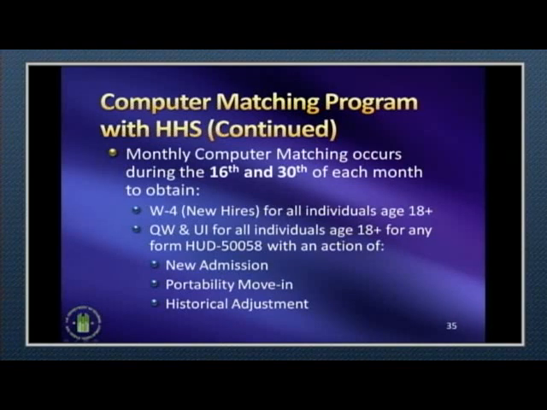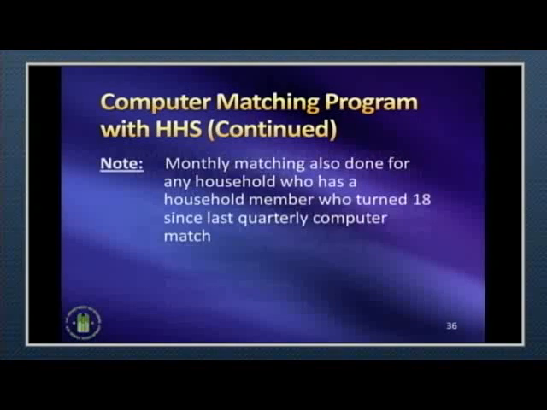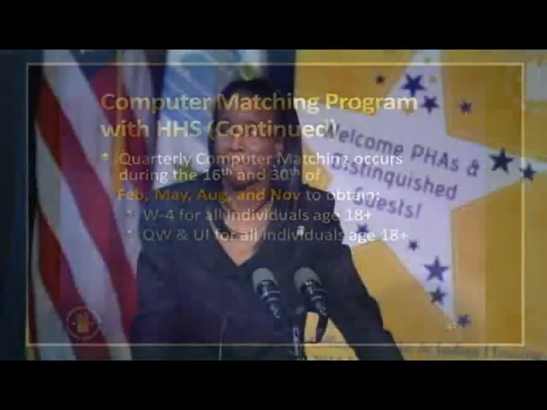Also, with HHS matching in between the quarterly matching cycle, if you have anybody who's a new admission, historical adjustment, or a portability move-in, action type and pick, we will automatically match and obtain data for those individuals. Our monthly matching is also done for any household member who has turned 18 since the last quarterly match.